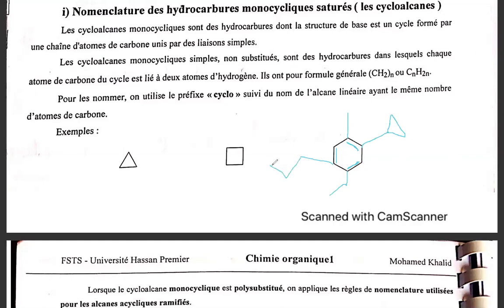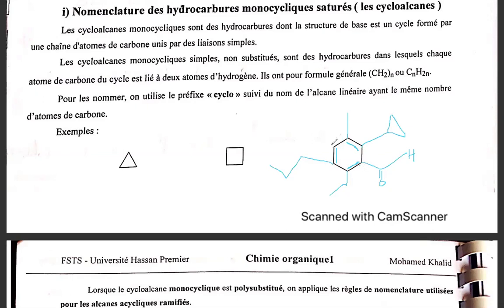A propyl. Maybe we're also going to have an oxygen like that with a hydrogen. So now this becomes an aldehyde of the benzene.